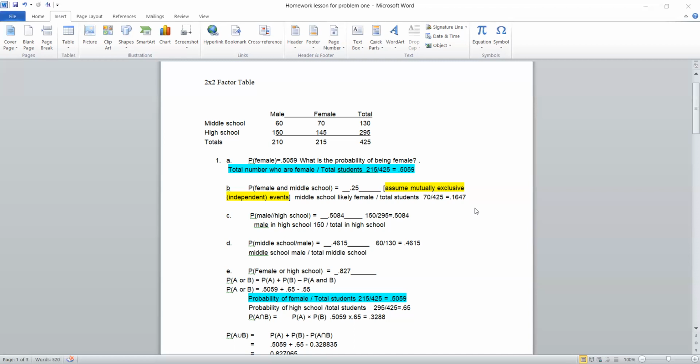It's female and middle school. So if I want female and middle school, right here, 70, pulled from this column. If I want to know the probability that they're both female and from middle school, I take that number 70 divided by the total number of students. And I have a typo here. It's 0.1647. Okay. You see that?